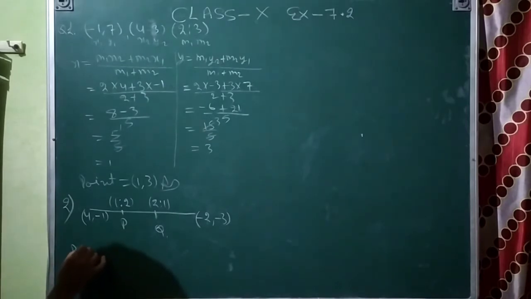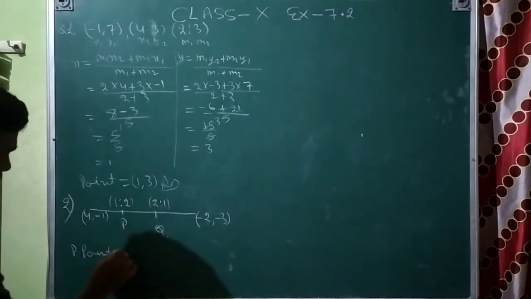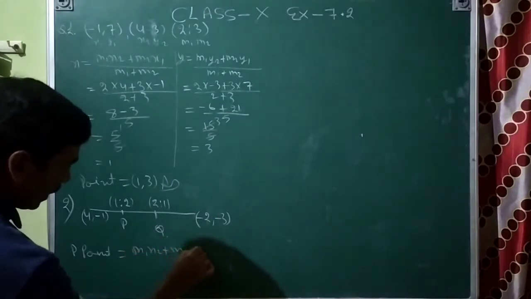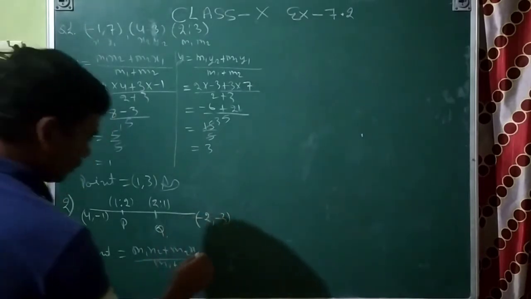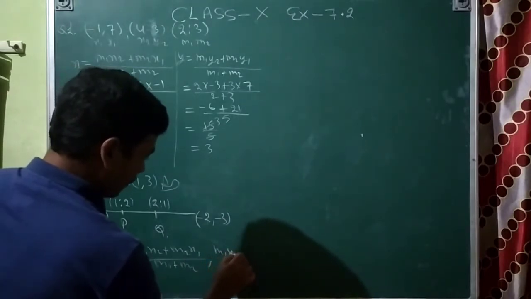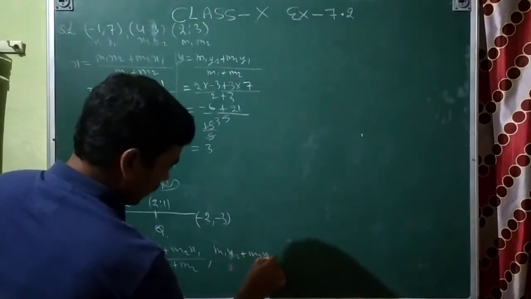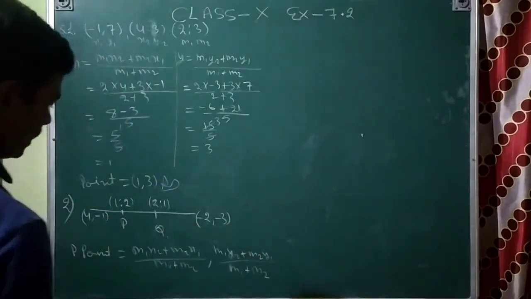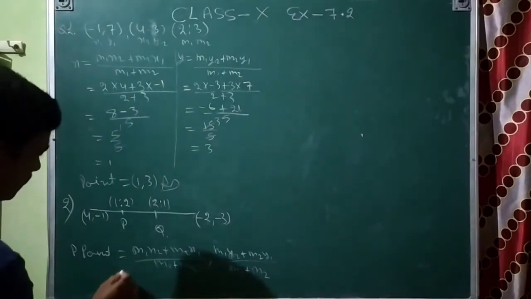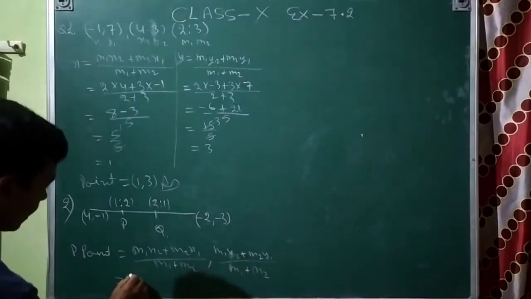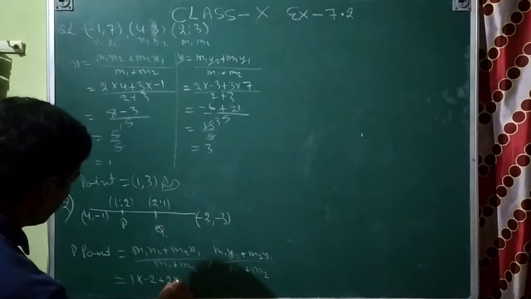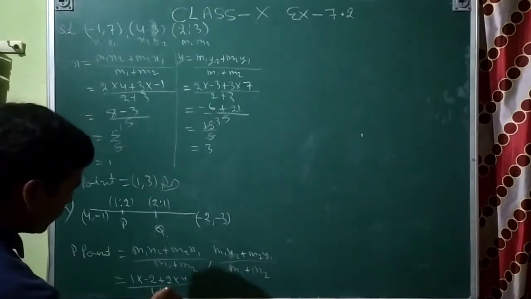So P point is equal to (m1 x2 plus m2 x1) upon (m1 plus m2), comma, (m1 y2 plus m2 y1) upon (m1 plus m2). So we will place the values. That will be 1 multiply -2 plus 2 multiply 4 upon 1 plus 2.